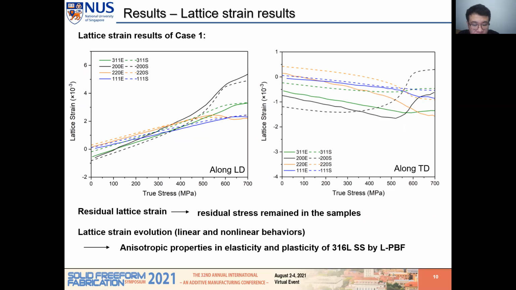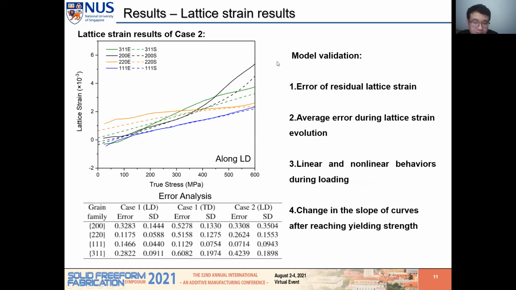We find the error is very small along the loading direction. It's a bit larger along the transverse direction, but still acceptable. Second is to check the lattice strain evolution. We can find the linear and nonlinear behaviors are reproduced accurately for most grain families. The various lattice strain evolutions also demonstrate the anisotropic properties of this material.